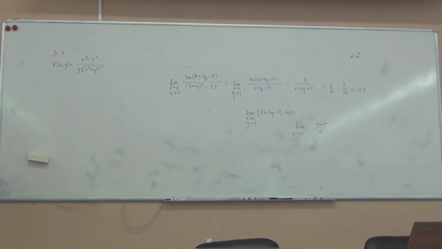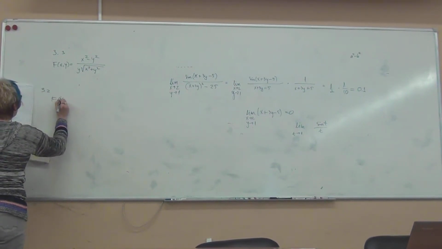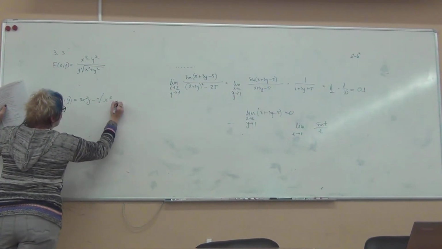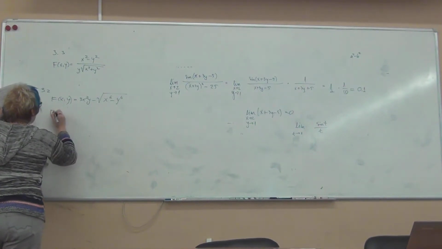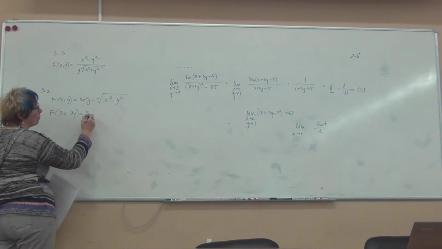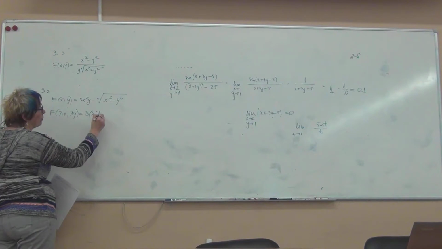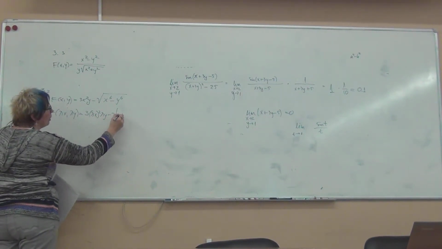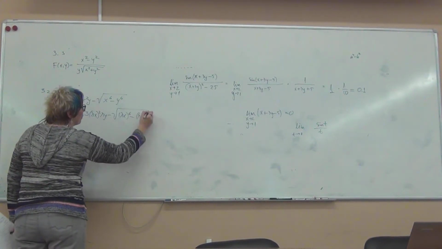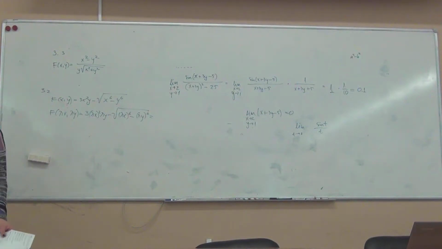Now, if we look at perhaps 3, 2, the function is 3x squared y minus the square root of (x to the 6th minus y to the 6th). So f of lambda x, lambda y is 3 times (lambda x) squared times (lambda y) minus the square root of ((lambda x) to the 6th minus (lambda y) to the 6th). What we do is simply put lambda x and lambda y instead of x and y.